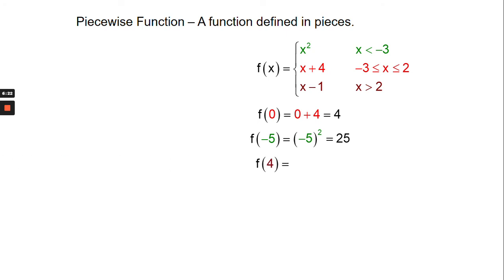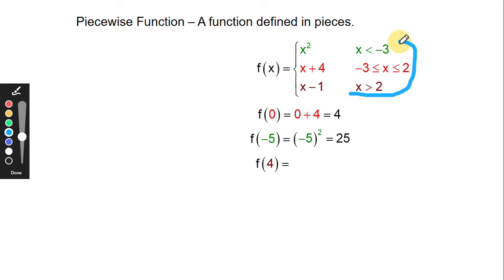f of 4. We need to see which one of these conditions gives us the freedom to use 4. 4 is not less than negative 3, so we can't use this one. 4 is not between negative 3 and 2, so we cannot use this piece.